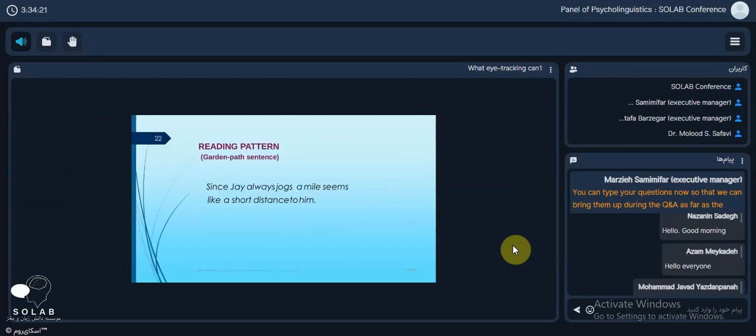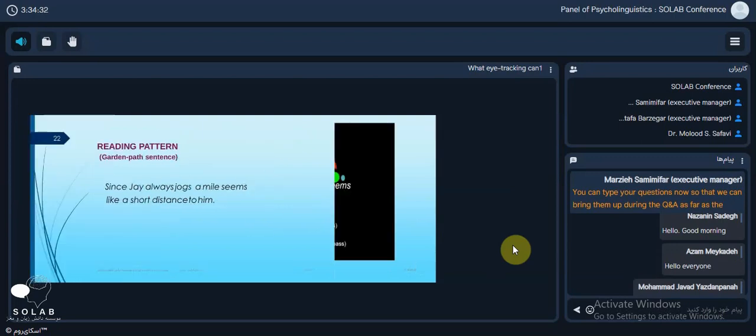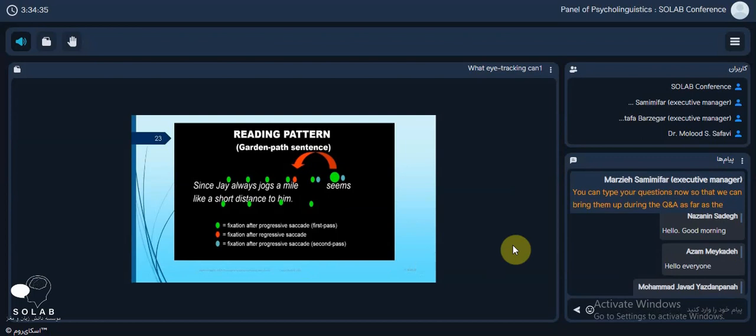What happened in this study? I extracted the first sentence: Since Jay always jogs a mile seems like a short distance to him. Please pay attention here. You can find the fixations of the reader through the green circles. The first fixation is on Jay, second always, third jogs, and so on.